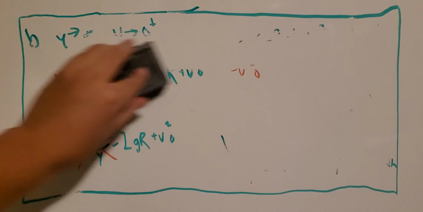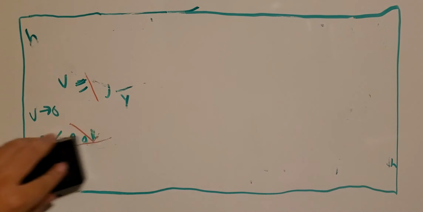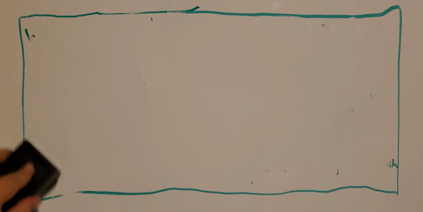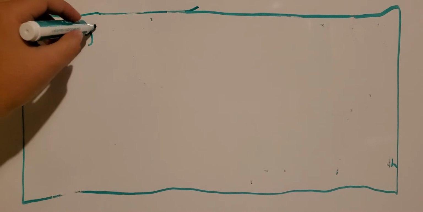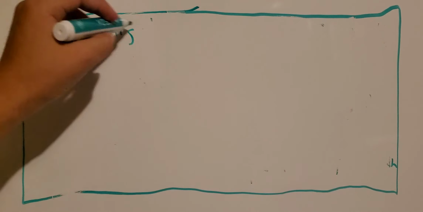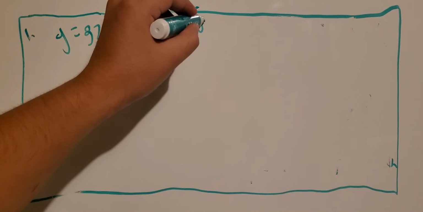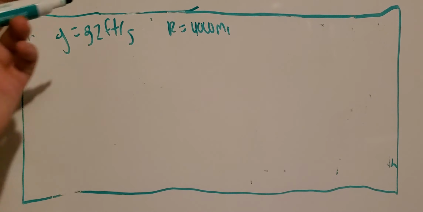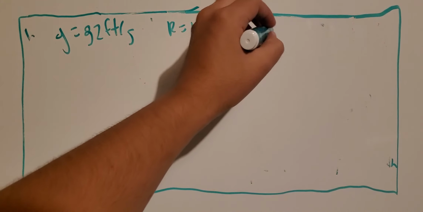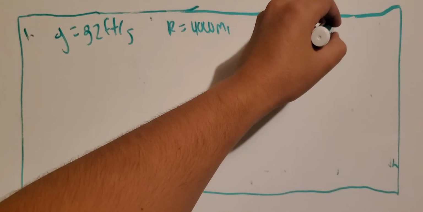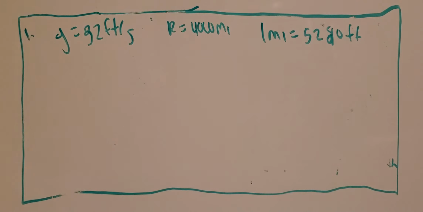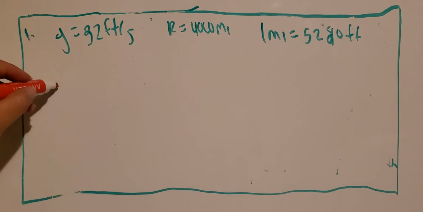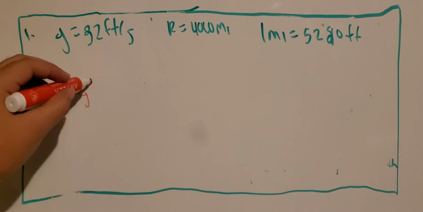So now for some calculations using the escape velocity formula, we shall continue onto two parts. For part C, we are given g is equal to 32 feet per second squared, radius is 4,000 miles, and the conversion, 1 mile is equal to 5,280 feet. Using the escape velocity formula as is, it is just simple plug and chug.